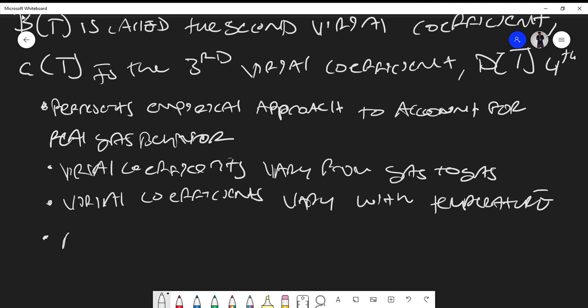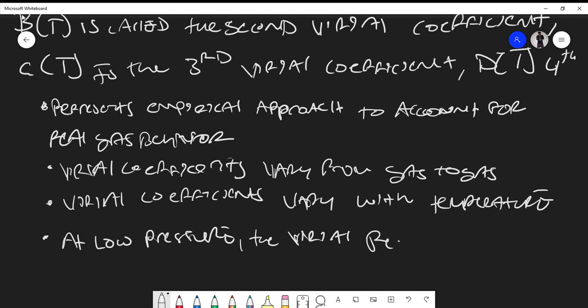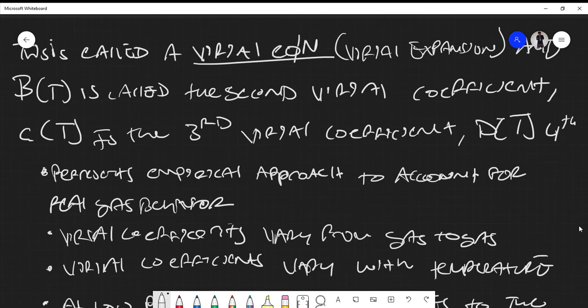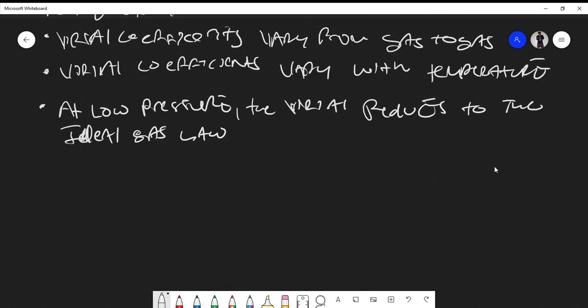We also know that at low pressure, the virial equation reduces to the ideal gas law. We spoke about the equation of state in our previous lecture, and this is a type of equation of state.